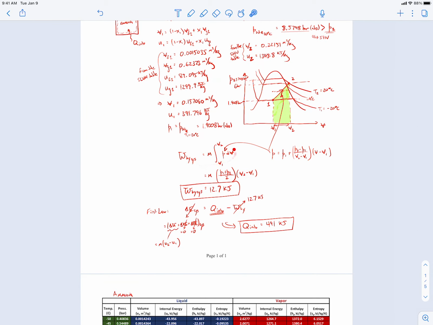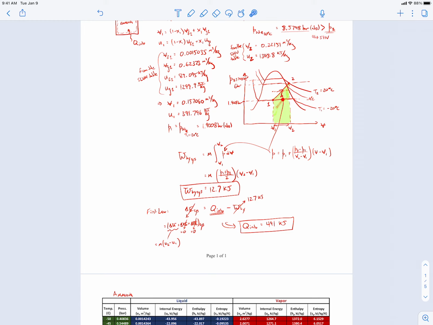The work is just PdV work. I did it in terms of a specific volume, so I multiply by mass out front to make it a volume. And you could either plug in the expression for how the pressure varies linearly with specific volumes. Totally fine, it'll work. It's a little more tedious. Or do what I did and just make use of the fact that the work is the area under the PV curve.